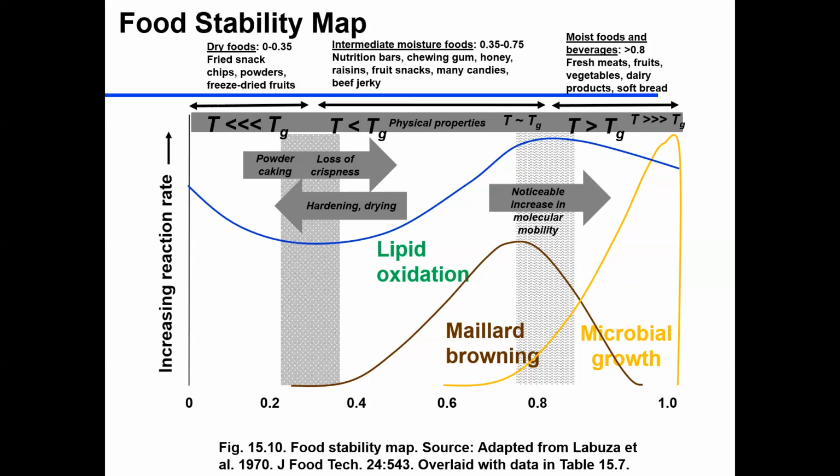As we go up, of course, we get less crispness. When we lose the crispness, it ends up being chewy. When we get into this area, we're talking about liquids or syrups. So these are different categories defined by the water activity of the product.